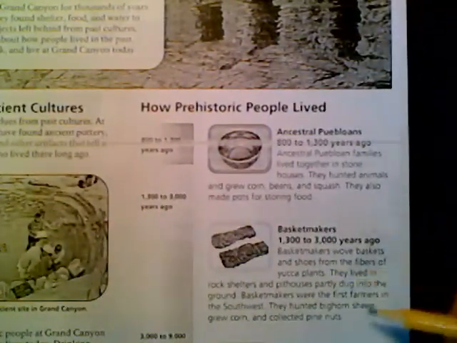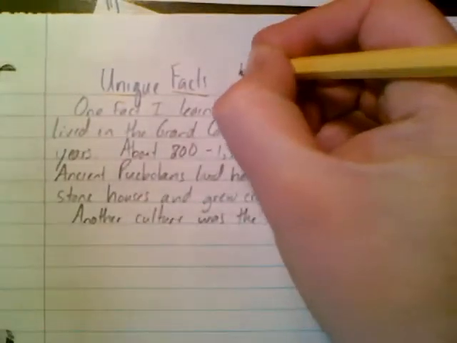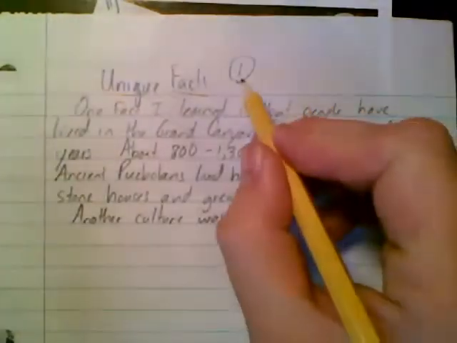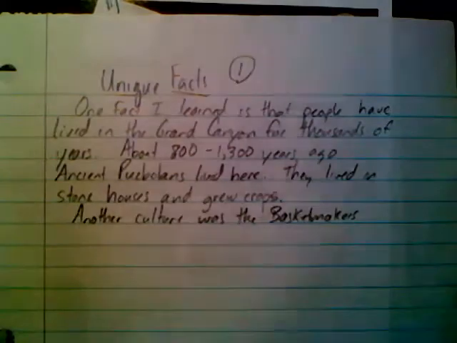And I pick out a couple interesting facts from there that I think are important, and I write that on here. So then I might go on and do another one with the other groups, and I would have a few short paragraphs, and that would take care of one out of my 4 things I need to do. This is my unique fact. So once I'm done writing those 4 paragraphs, I could check off unique facts.